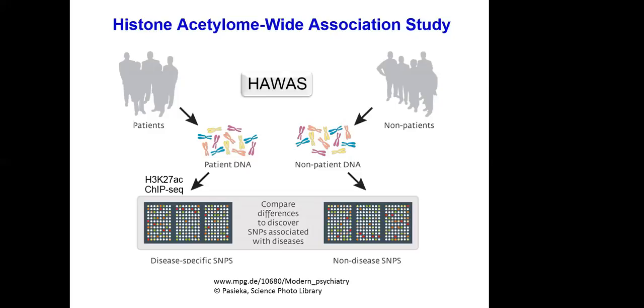So we gave it a name: a histone acetylome-wide association study, by analogy to GWAS. Here you take the patient chromatin, you take the control chromatin, you do histone acetylation ChIP-seq, and look for differences in histone acetylation between disease and control.